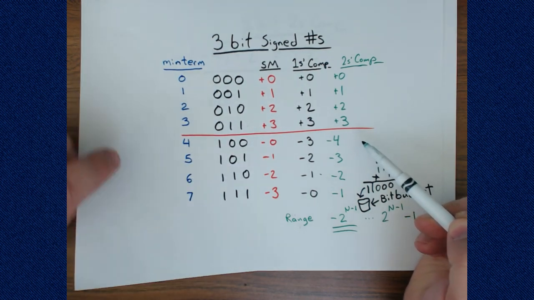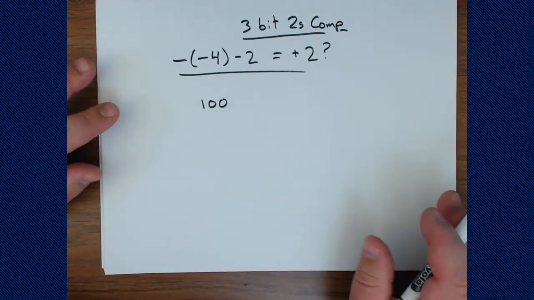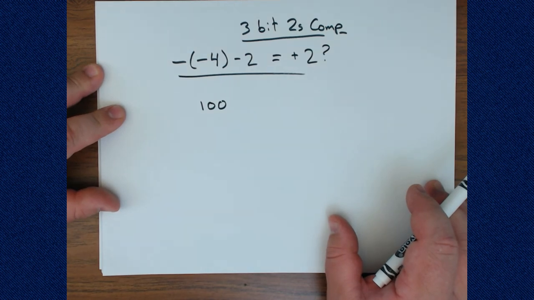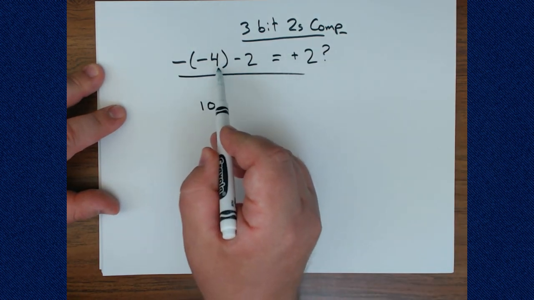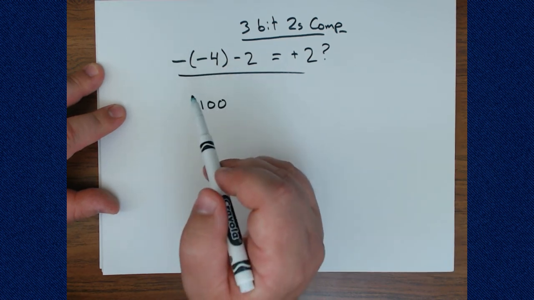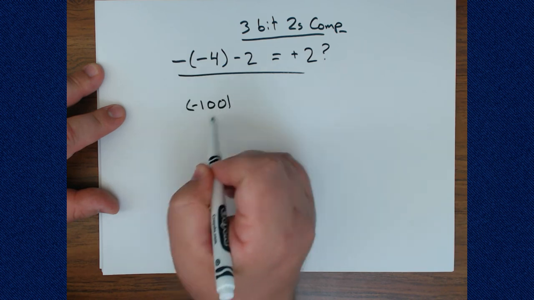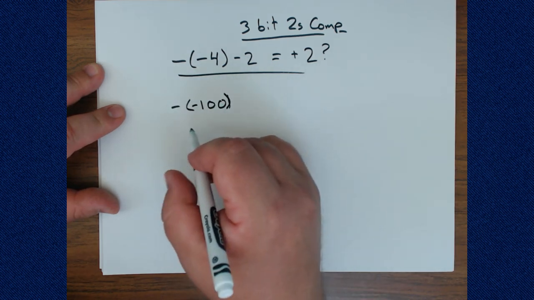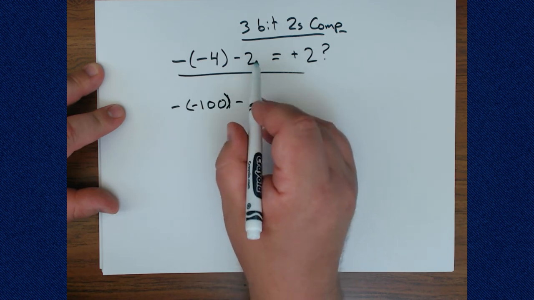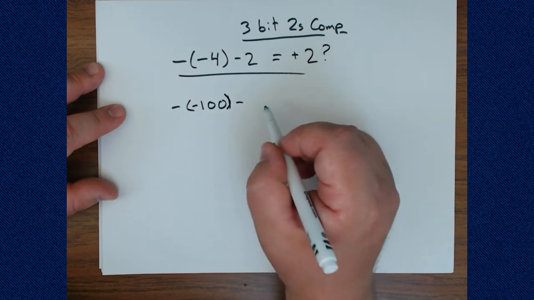So it actually does seem like things are coming out the way one might expect with a little bit deeper understanding. But I still only have 4. Now I need to negate that because I'm trying to find the negative 4 value so that I can negate it. Well, let's negate this, and then we'll subtract 2 from that, and then we should get a positive 2.